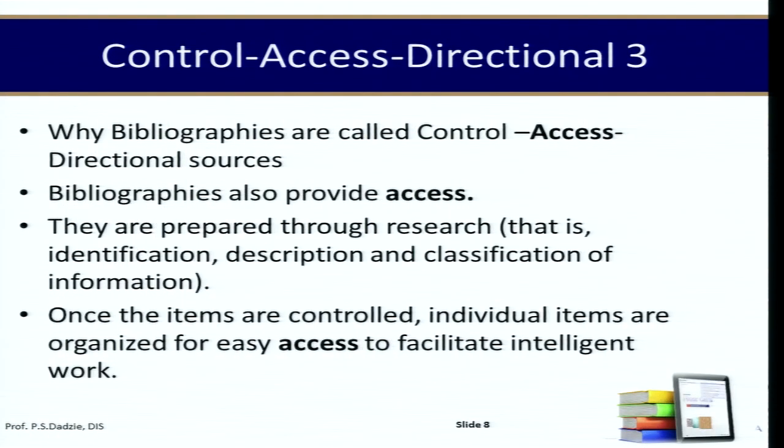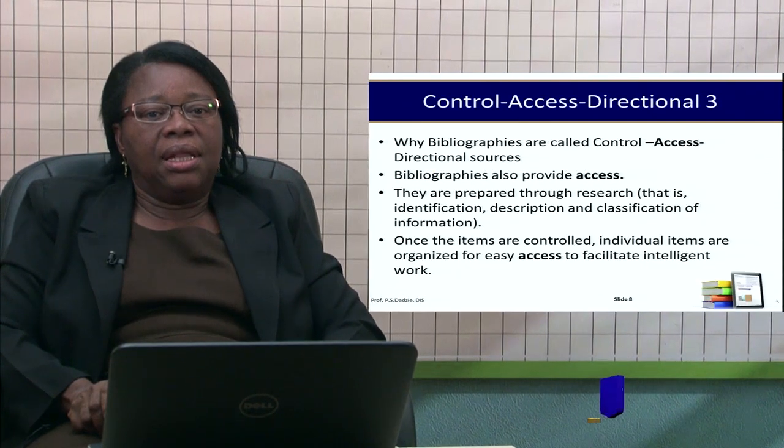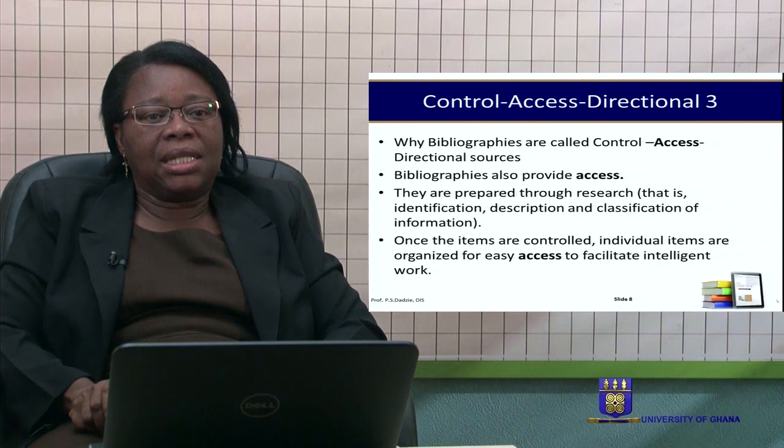Now let's look at why bibliographies are also called access sources. Bibliographies provide access. They are prepared through research, that is the identification, the description, and the classification. And so because they are controlled and they provide access, they facilitate intelligent work.